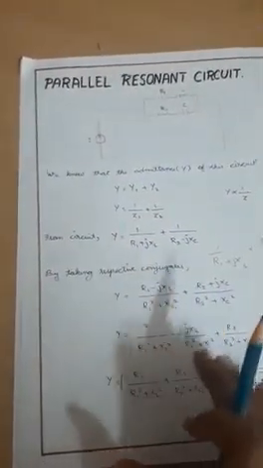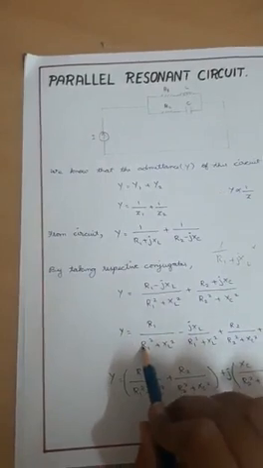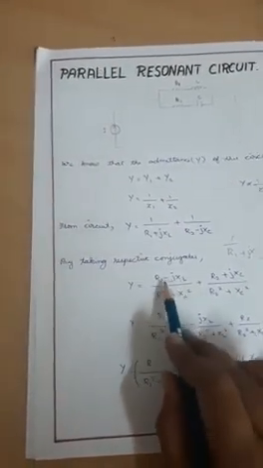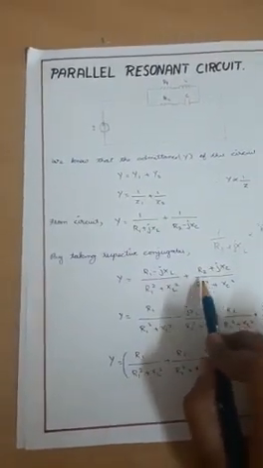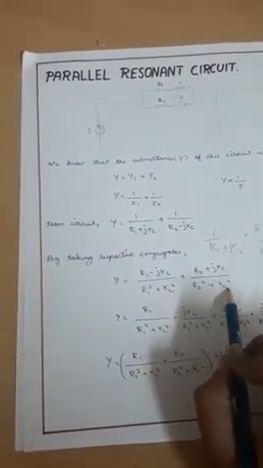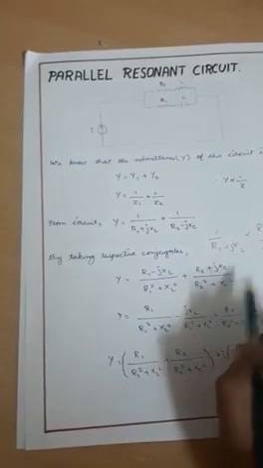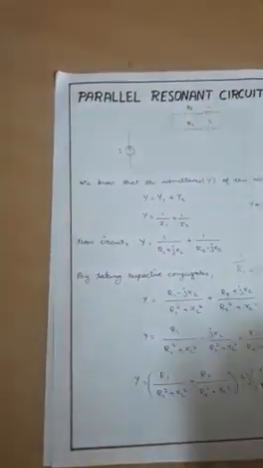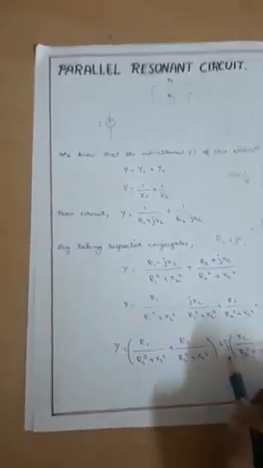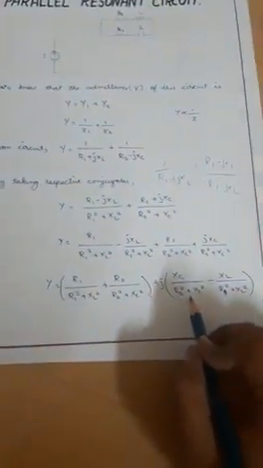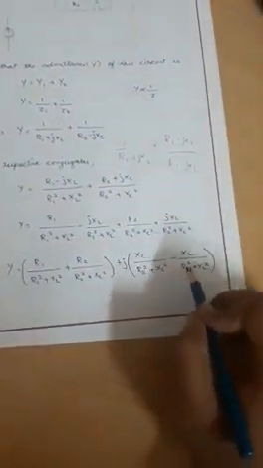Now we are writing those parameters separately. R1 by R1 square plus XL square minus jXL by R1 square plus XL square plus R2 by R2 square plus XC square plus jXC by R2 square plus XC square. Segregating the real and imaginary parts, we get R1 by R1 square plus XL square plus R2 by R2 square plus XC square plus j into XC by R2 square plus XC square minus XL by R1 square plus XL square.